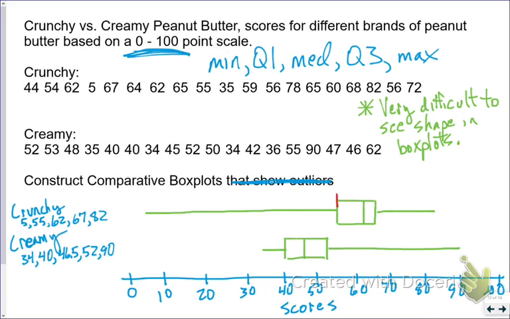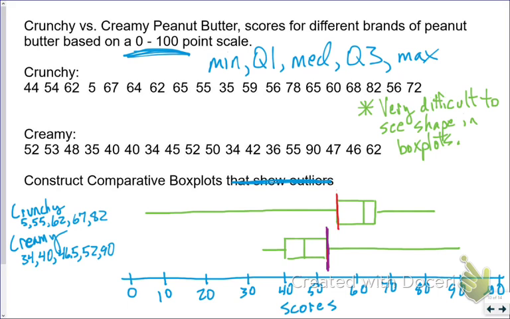Notice we have a percentile right there and right here. This, let's change colors. The red line is the 25th percentile of crunchy. The purple line is the 75th percentile for creamy. I could talk about that.